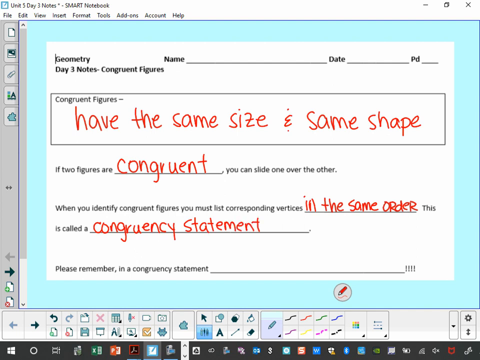Congruency statement. It says, please remember, in a congruency statement, your order matters. Order absolutely matters.